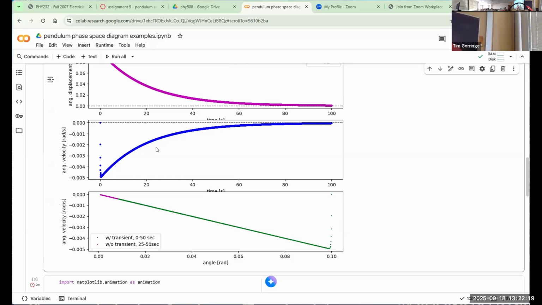Because of the large damping constant, the pendulum has to creep its way back to the equilibrium point. And that's what's happening here. It takes 60 seconds rather than 6 seconds to get back towards the equilibrium point. It's really that large damping is just preventing the pendulum from acquiring any velocity.